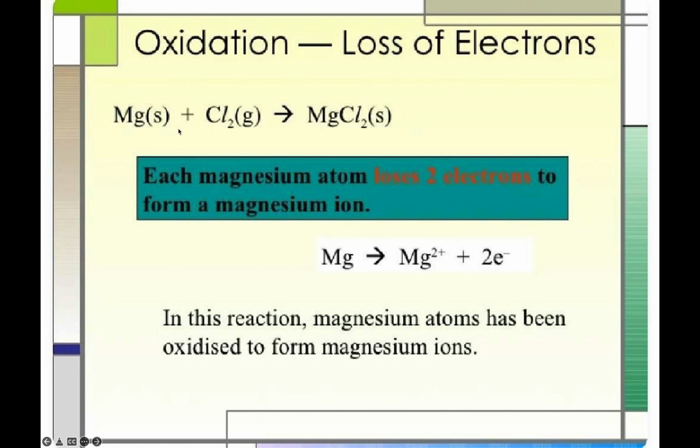Mg is a metal and chlorine is a non-metal. Here each magnesium atom will lose 2 electrons to form a magnesium ion, Mg2+. So the magnesium atom has been oxidized to form magnesium ions. So you understood how you get this.